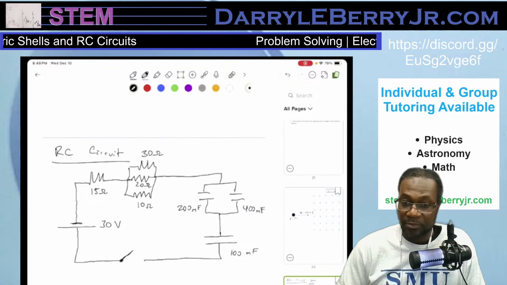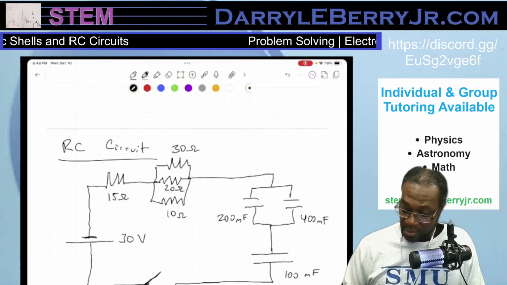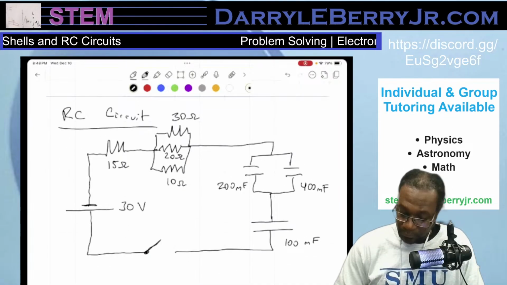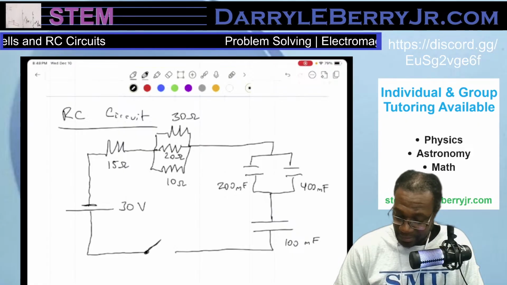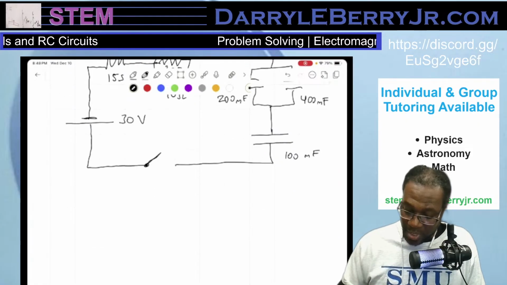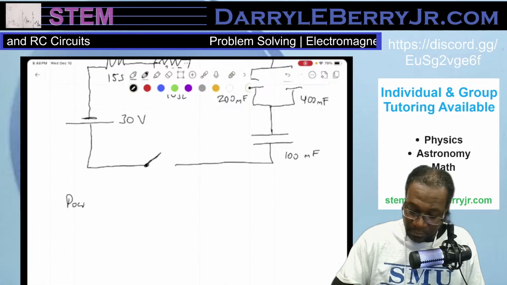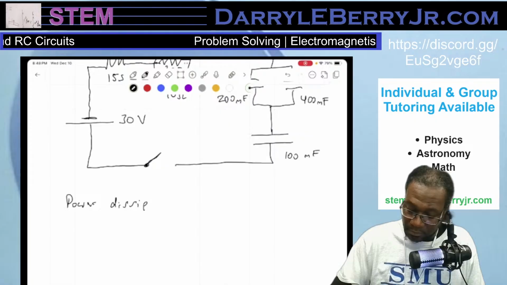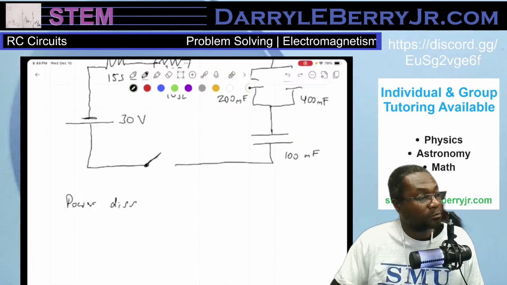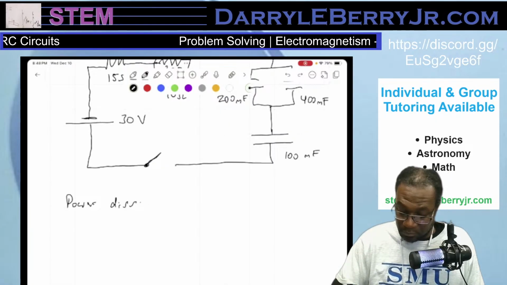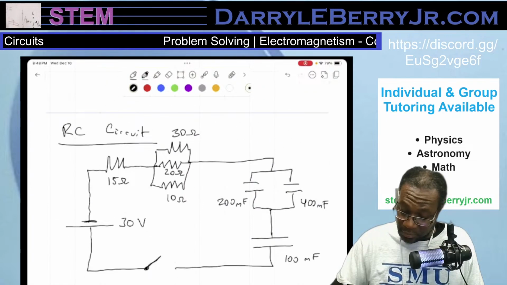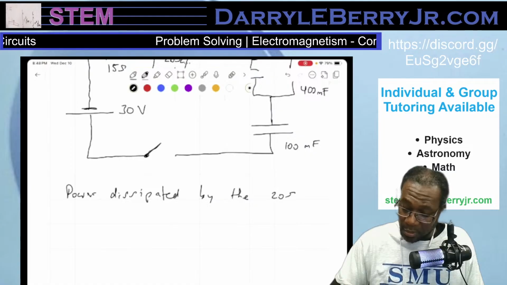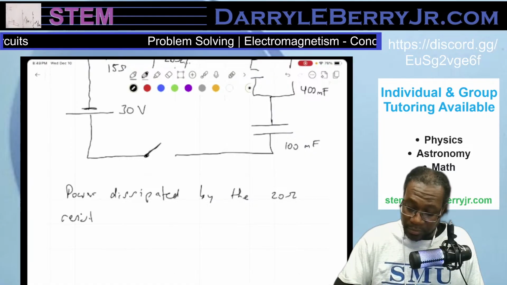And we're going to do some physics on this RC circuit here. Right. So what we'll find is what is the power dissipated by the 20 ohm resistor.